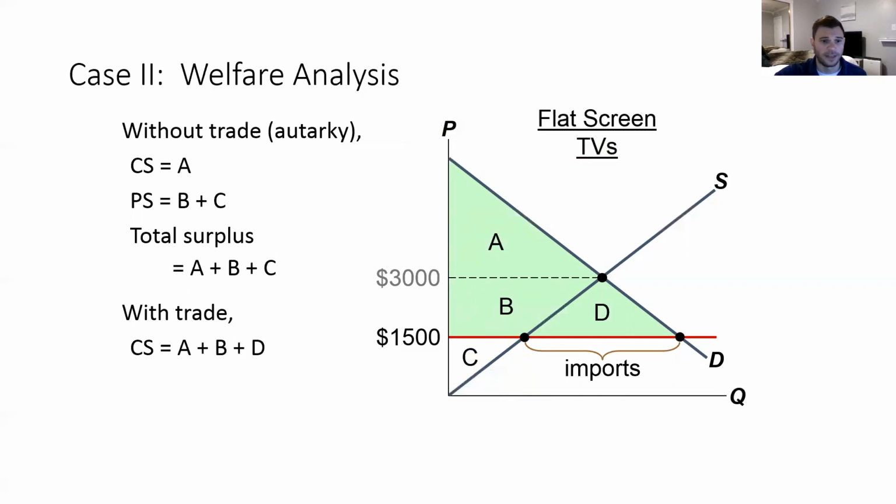The other side of that is that the producers are hurt. Their surplus is reduced from BC down to C. So the producers lose B, but the consumers gain B and D. So again, the gains go to the winners, the consumers in the case of importing, which was different than the case of exporting.